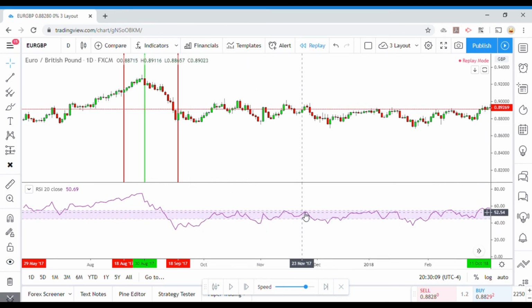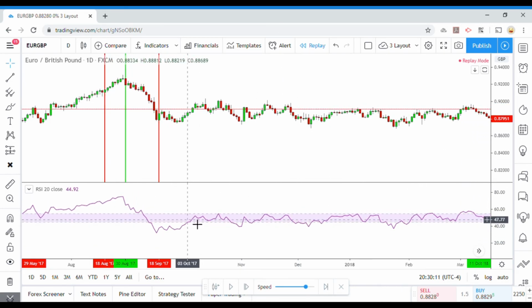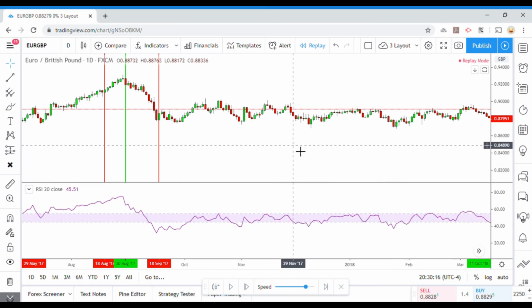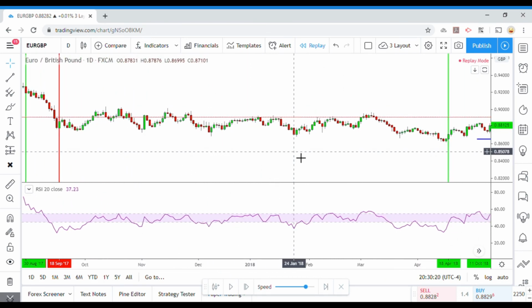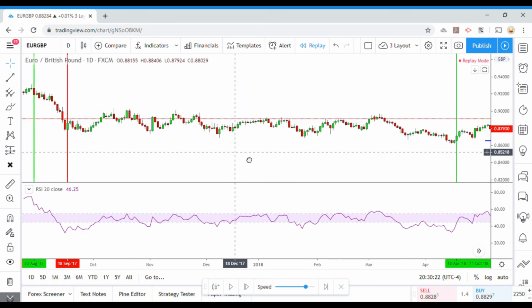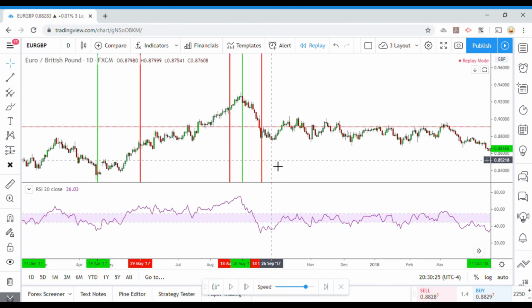You see what I mean? See how it's kind of filtering out some of this choppiness, with the line being in between the overbought and oversold. We wouldn't take a trade because it doesn't have much strength behind it.